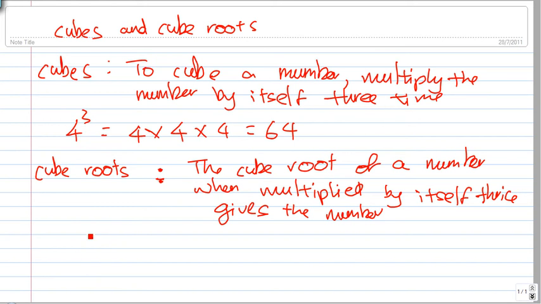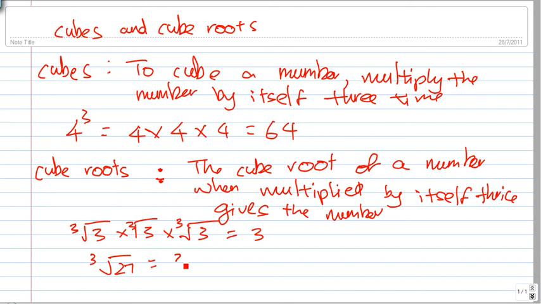So if you take the cube root of 3 and multiply it by itself three times, what you get is actually 3. In other words, if you cube root 27, you get 3.